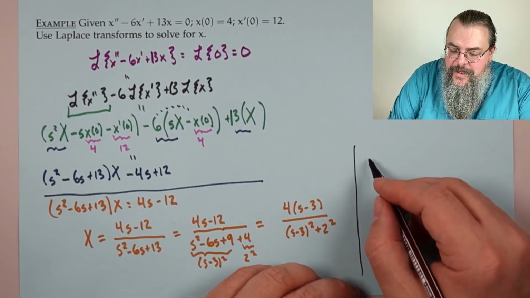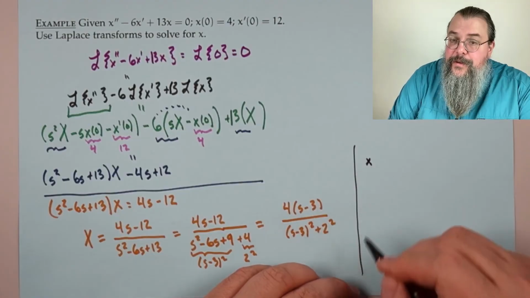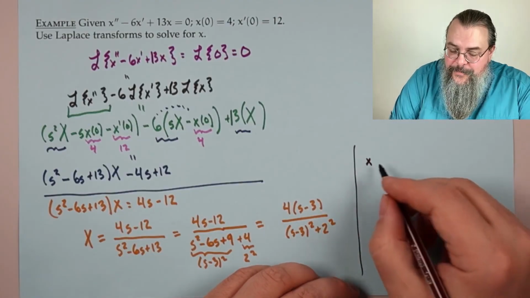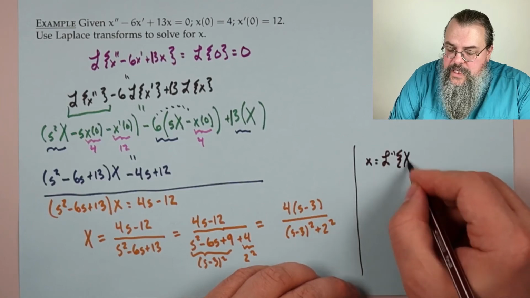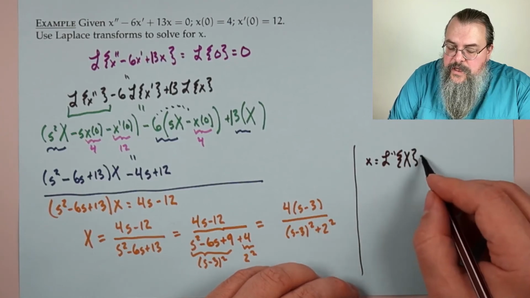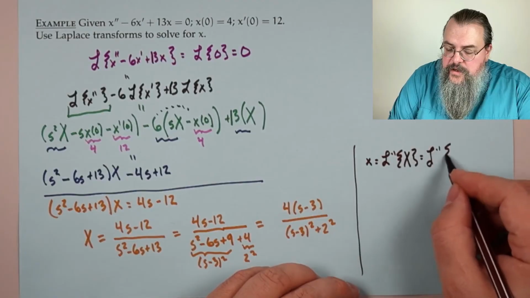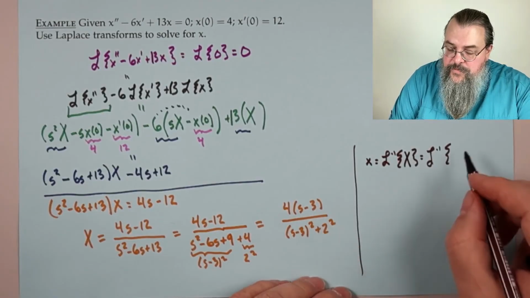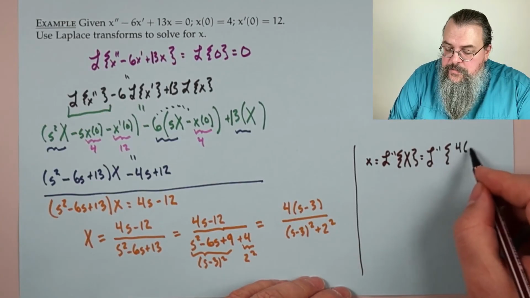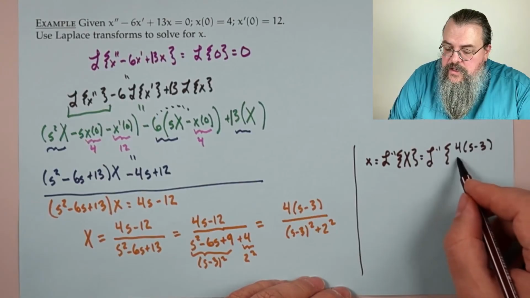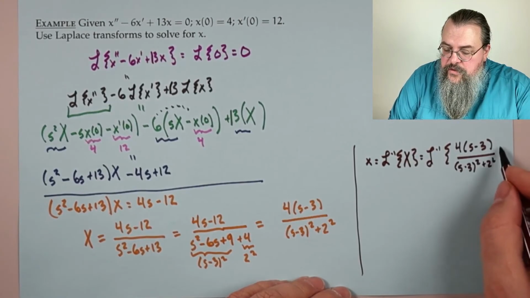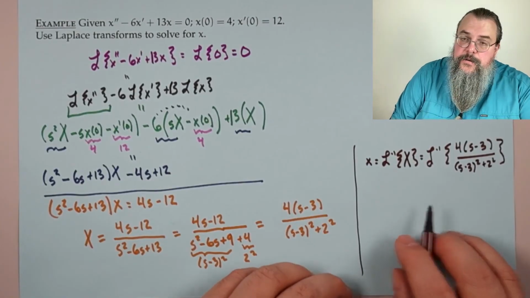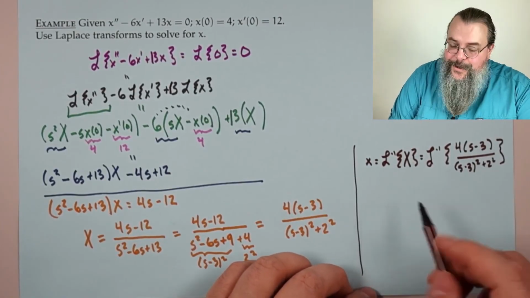So we say, okay, our little x, our solution that we're after, is the inverse Laplace of big X. Well, that's the inverse Laplace of this expression: 4 times s minus 3 divided by s minus 3 squared plus 2 squared. Now, let's pull out the 4.